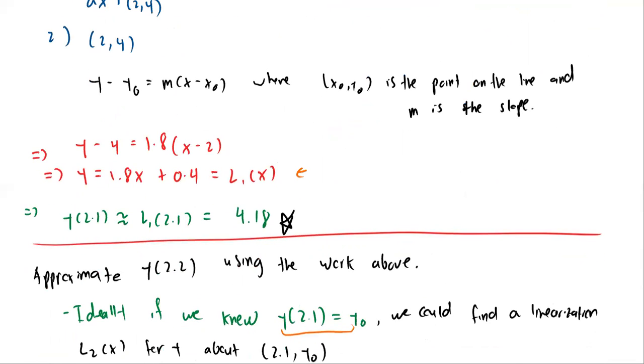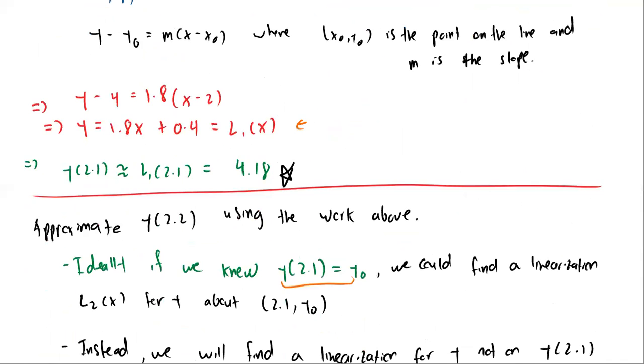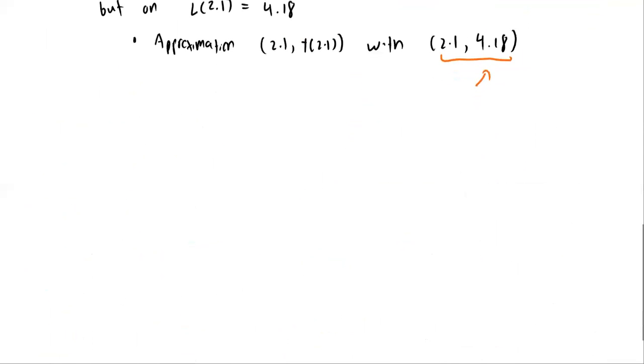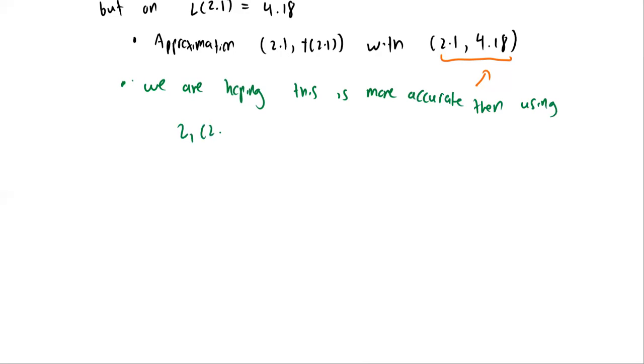So we're hoping that this is more accurate than just evaluating this linearization at 2.2. Okay? So we are hoping this is more accurate than using L1 of 2.2.